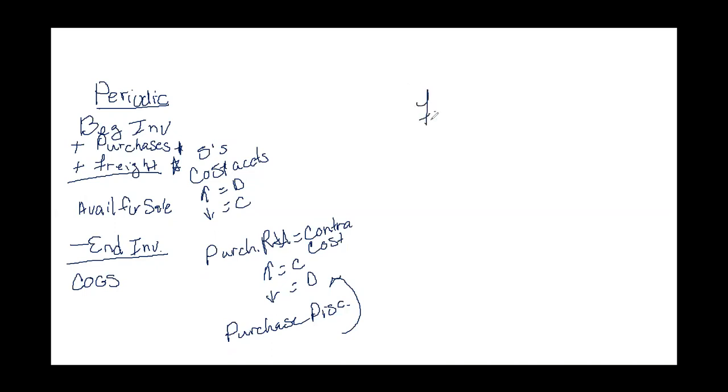We have what is called free on board. That's what FOB is. And you can have shipping point, or you can have destination. And that would also be free on board. So FOB shipping point, it is going to be a title transfer at the seller's dock.